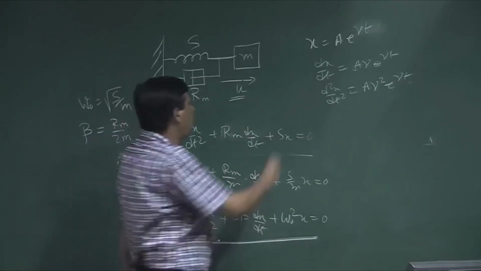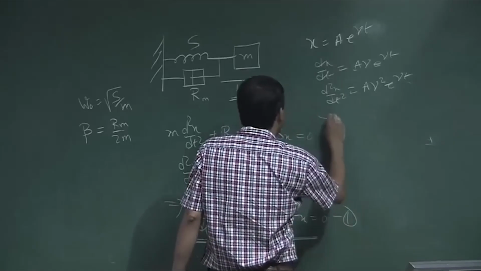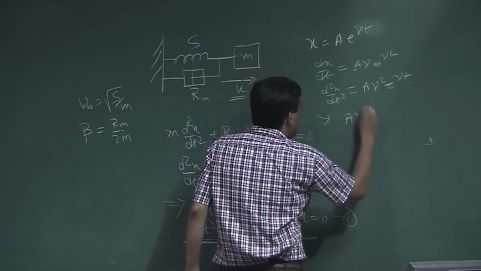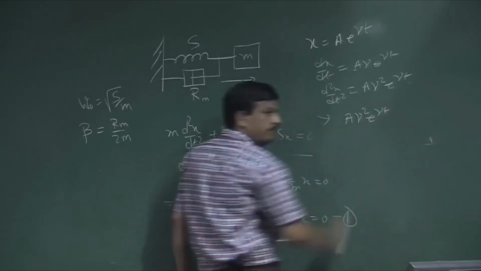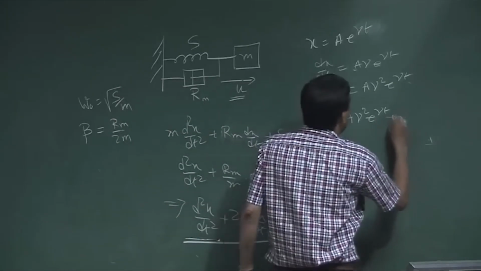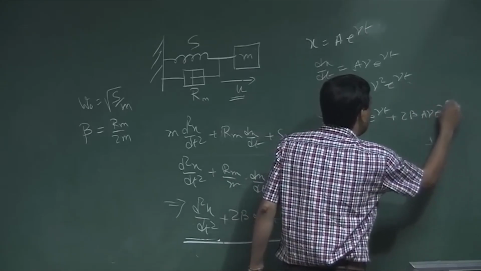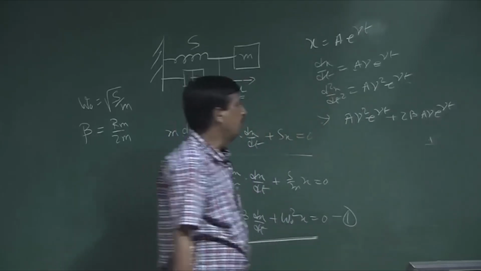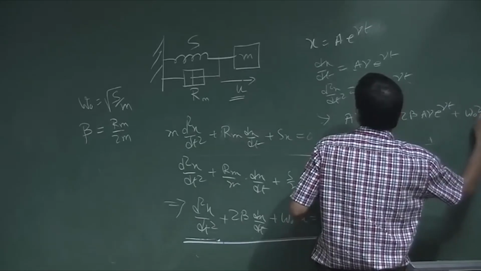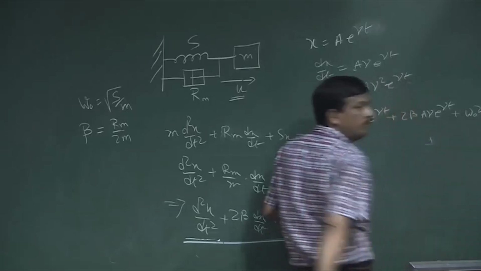Now, if I put these into equation number 1, what do I get? a gamma square e to the power gamma t, plus 2 beta a gamma e to the power gamma t, plus omega 0 square a e to the power gamma t is equal to 0.